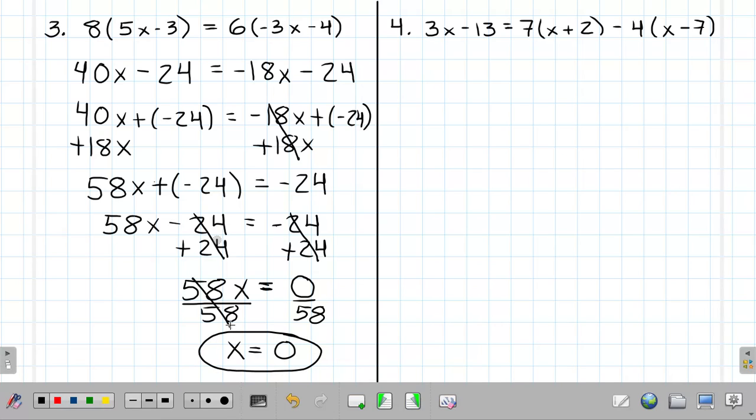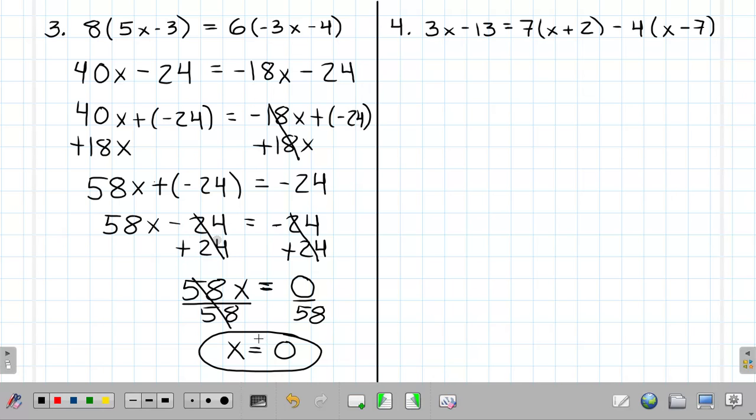This is an example I wanted to bring up because I want to make a point that this is an equation with one answer, and the answer is 0. Just because the answer to an equation is 0, that doesn't mean there's no answer. There's a difference between an equation having no solution and a solution of 0. This is an equation with a solution of 0.